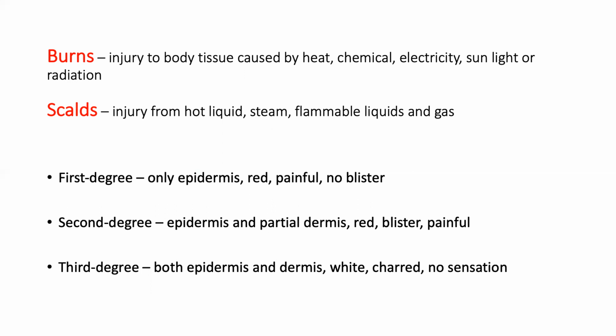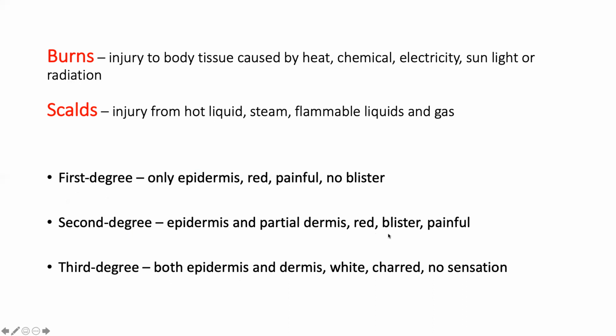And as we have seen in the previous diagram, we can classify burn injury into first-degree burn, second-degree burn, and third-degree burn. First-degree burn is only the epidermis. Therefore, it is just red and painful. There is no blister. Second-degree burn involves the epidermis as well as some of the dermis layer.